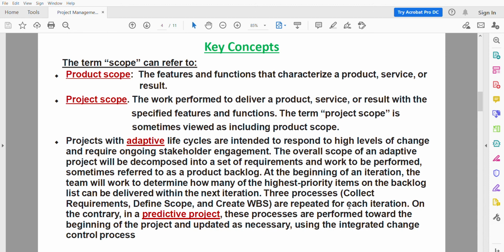And each iteration should be done in, say, 2 to 8 weeks. It shouldn't be more than 8 weeks.